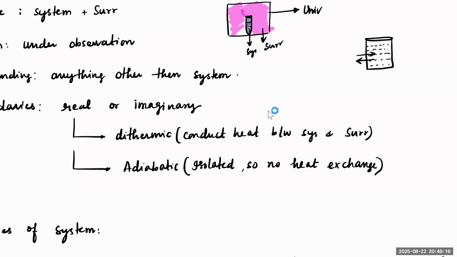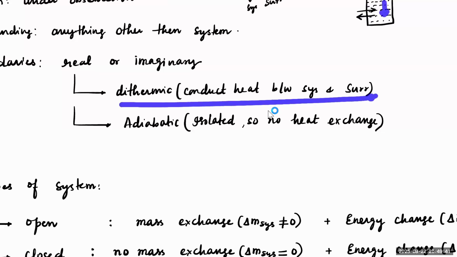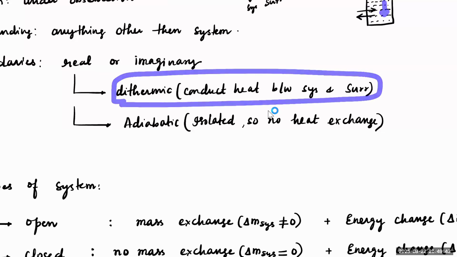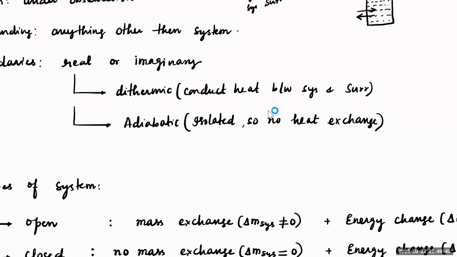So I can say there is some amount of heat going inside, because of which the temperature of the water might increase, or vice versa. It might be hot water which is trying to interact with the surrounding gases, and release some heat out of it. Therefore, it is cooling. In that sense, you can see these particular walls or boundaries are diathermic.